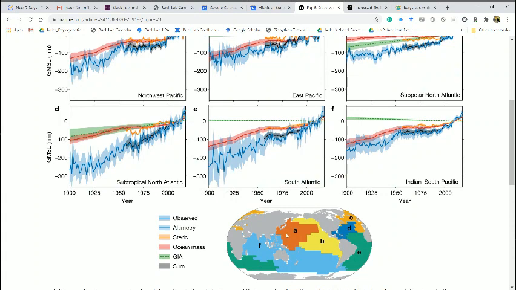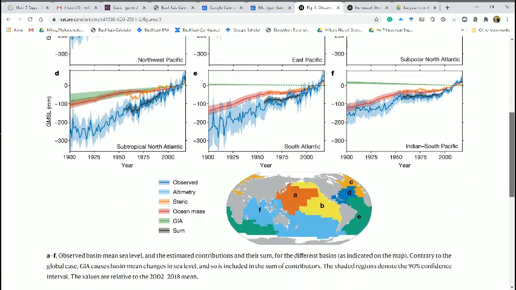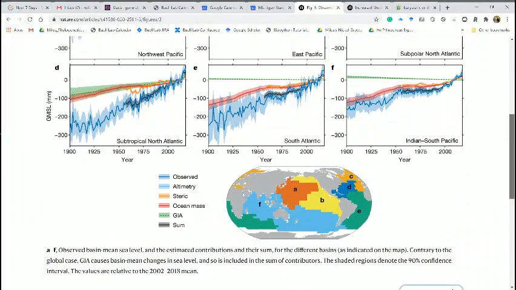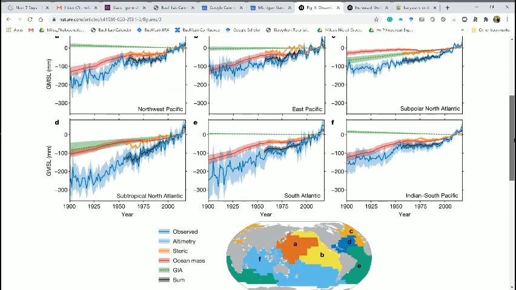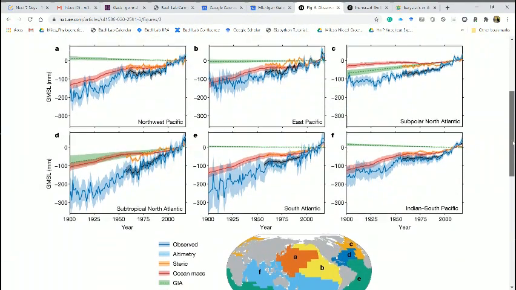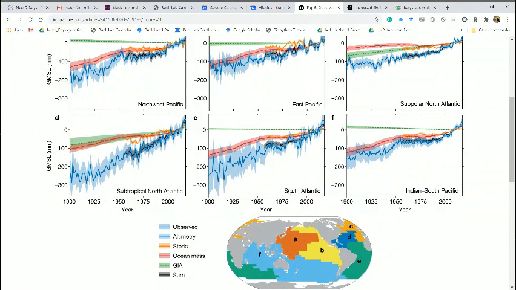So it looks like off the coast of, let's test my geography skills, Japan and China and Russia, steric contributions are more important. Oh no, those are just the region colors, showing which regions go with which of these line graphs.